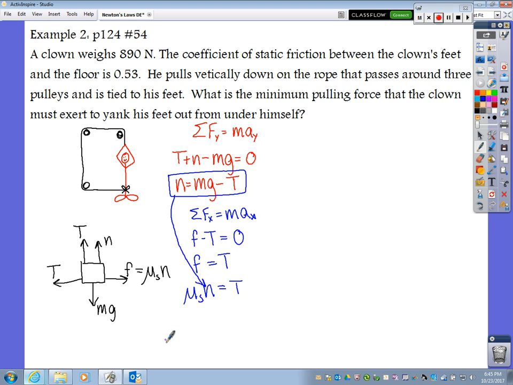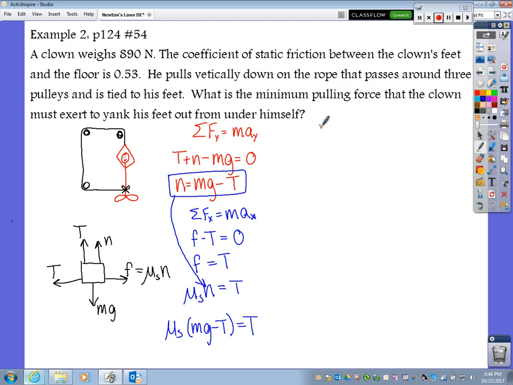So I'm going to say mu static times mg minus T equals T. I want to find the tension. So I'm going to first multiply this out and then combine like terms.